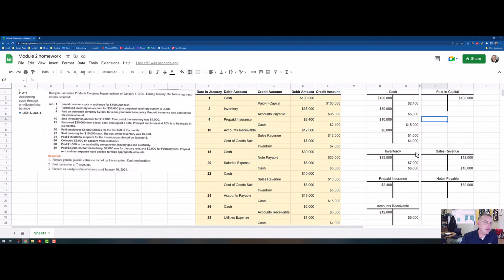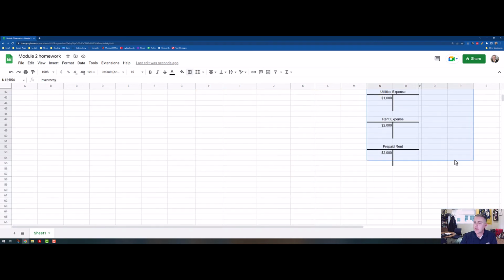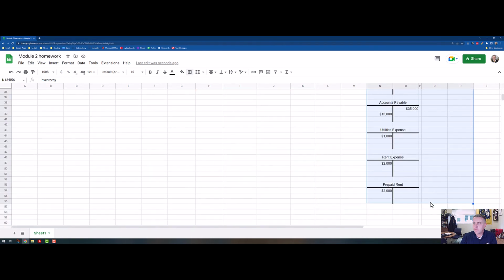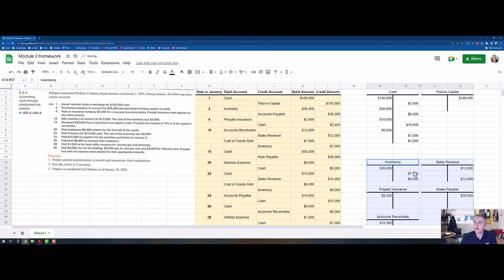Final step in this process. What we want to do is sum up all of these T accounts and then list them in an unadjusted trial balance. Let me move this down a little more. Let's total up the T accounts. We're going to put a border here.